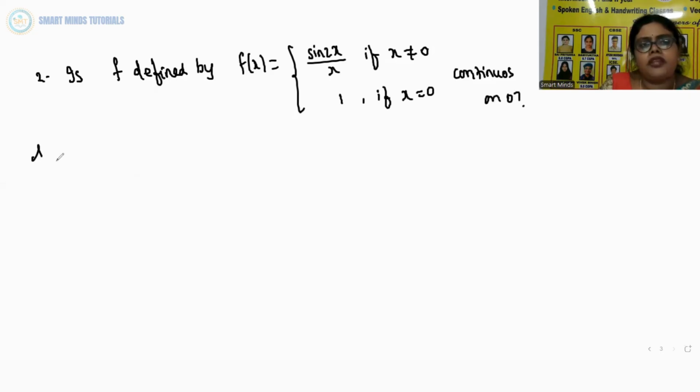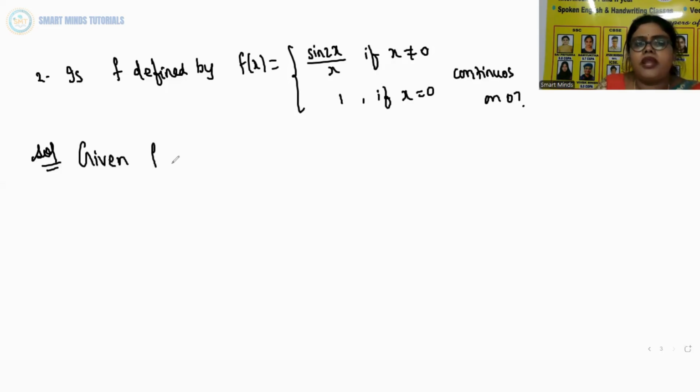So you need to find out if f is continuous on 0 or not. So like in the last problem, we don't have less than or greater than symbol. Okay, we have is equal to and not equal to symbol. So how to proceed? Let us see.